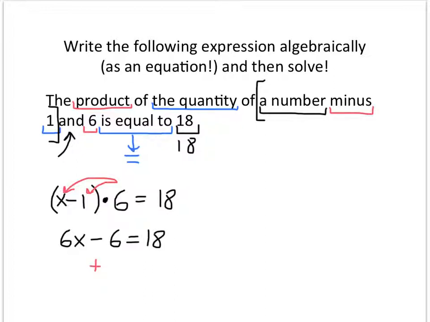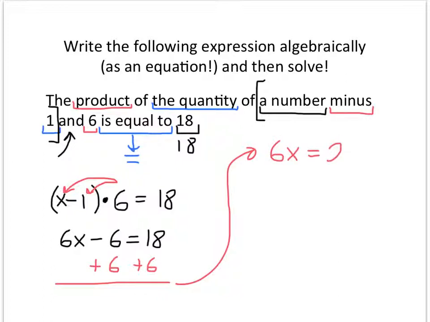I need to deal with the subtraction first by adding 6. Coming over here, that gives me 6x. The negative 6 and 6 add to 0, so it's just equal to 24. I can now do the inverse of multiplication, which is division. The division and multiplication divide to 1, so I'm just left with our answer, x equals 4.